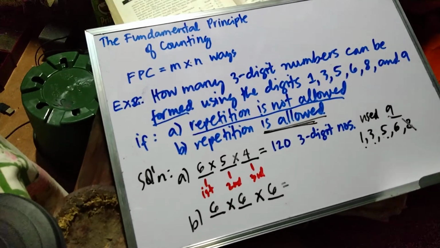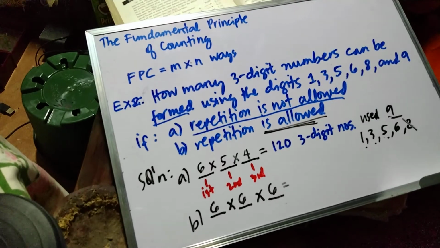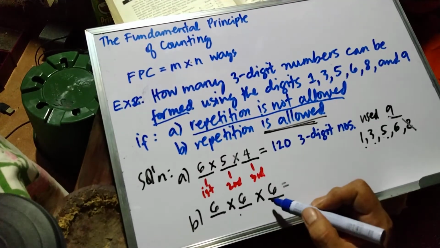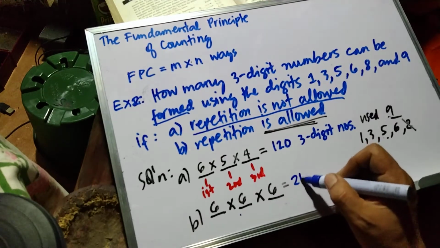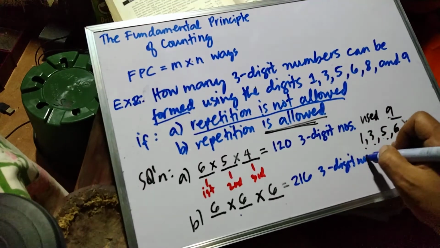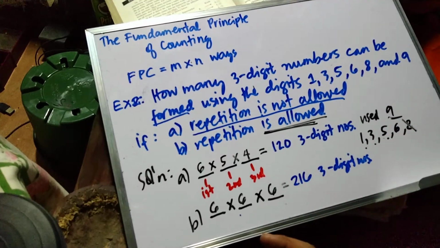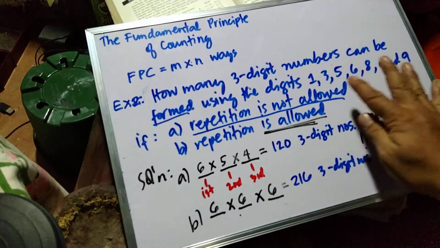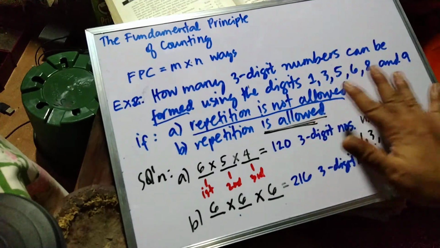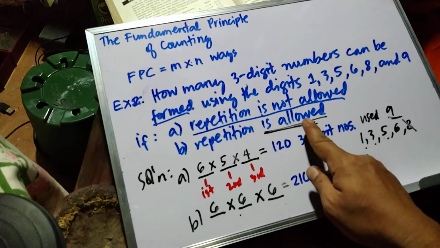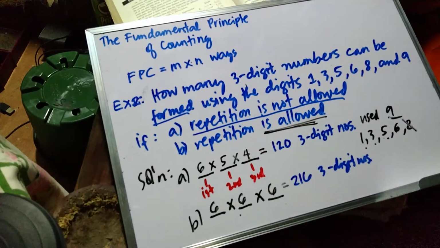So you have 6 times 6, 36. Times 6, you have 216 3-digit numbers. Okay? In other words, from the numbers we choose from, if we can repeat, repetition is allowed, we can generate 216 3-digit numbers.